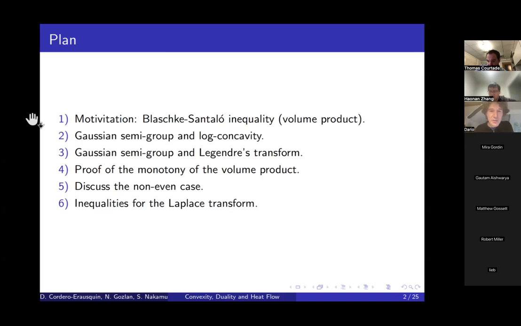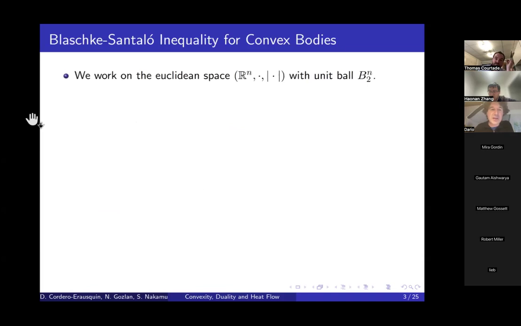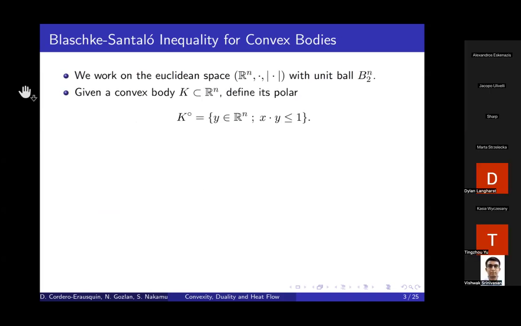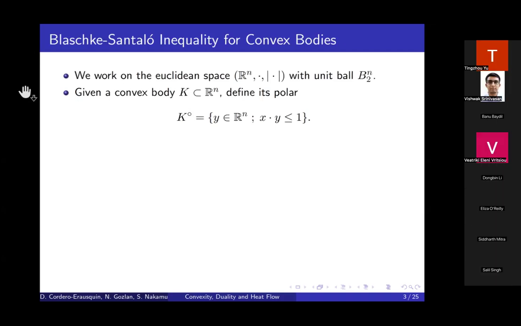Okay, so let me start with the Blaschke-Santalo inequality. So I will be working on the Euclidean space, Rn, with unit ball that I will denote B2n. And given a convex body, you can define its polar as follows. It's the set of all vectors y such that for all x in K, you have x dot y smaller than 1.